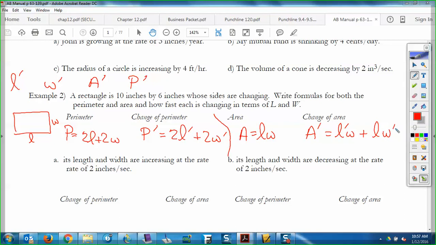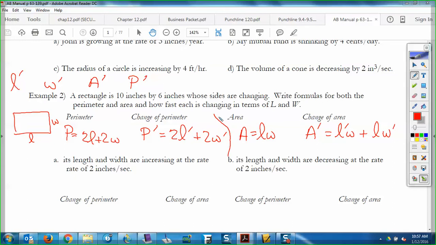What do you got to do? Product rule. You got to do a product rule. L times W. L and W are both changing with respect to T. We got to do implicit differentiation, just like we did on the gateway test. Got to do a product rule. Derivative of the first, L prime. Leave the second alone, W. Plus L left alone, derivative of W is W prime. Okay? So that's the kind of stuff we're going to be doing in these problems.